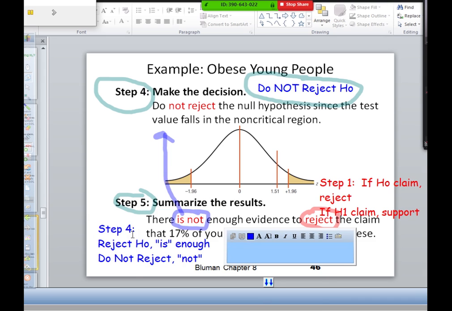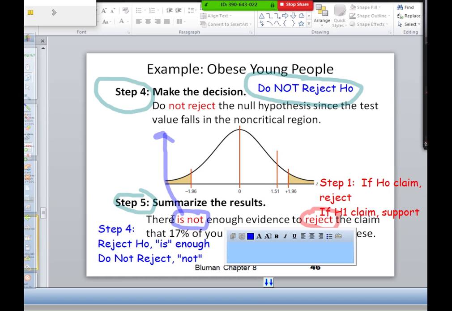So you're either going to say that there is or is not, depending upon step 4. If you rejected H naught, then you would have enough evidence, right? Because remember, this is the guilty region. If he's guilty, then you had enough evidence. If he's not guilty, that means in this white region, you did not have enough evidence.